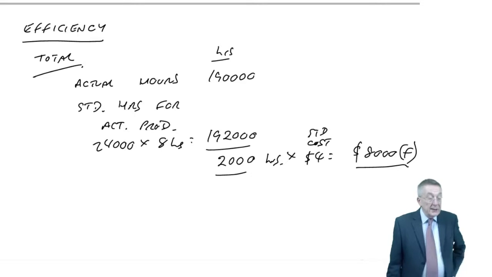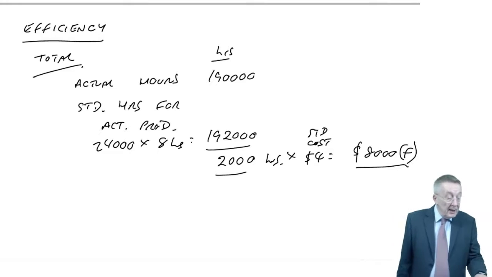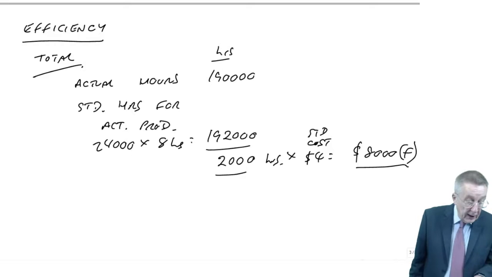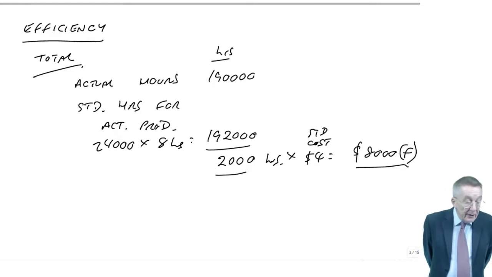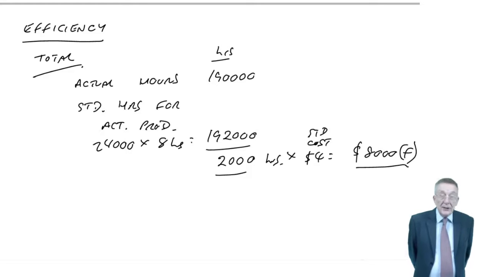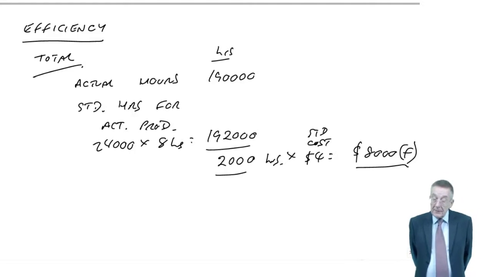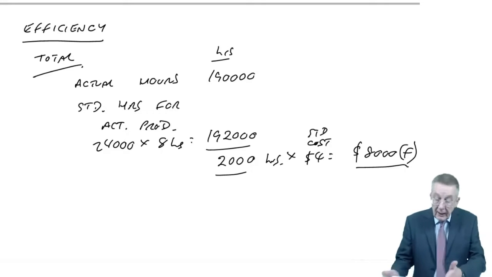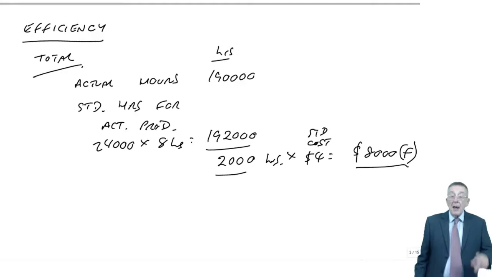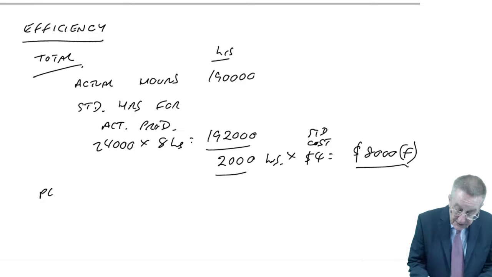Now let's analyse it. Planning, operational. And the line at the bottom says, since preparation of the budget, the price per hour has increased to $4.10. The time has been revised to 7.5 hours. And so, let's do exactly the same again, but for planning variance.